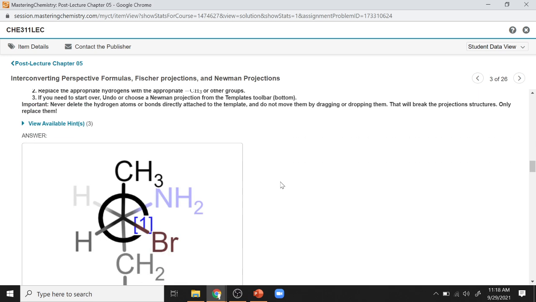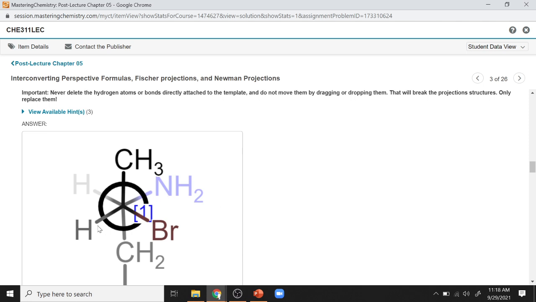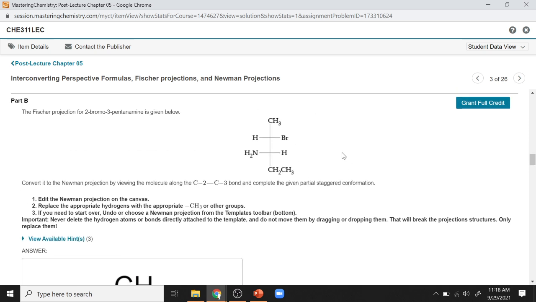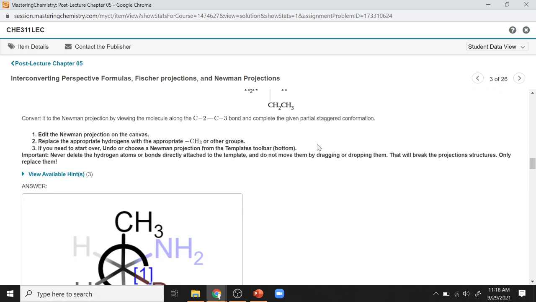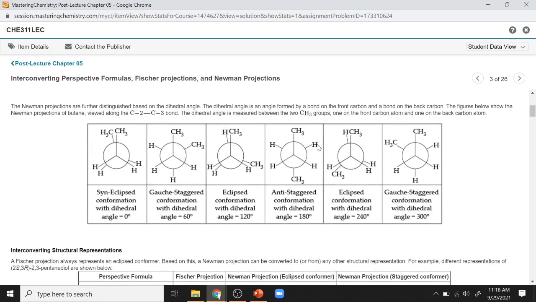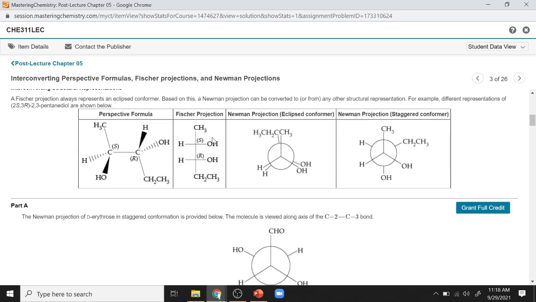Okay? When you look at Newman projections, they're triangles. They're a triangle and another triangle. See that? And so if this was eclipsed, you could literally just write this in as a triangle, like so. I'll show you right up here again. So this would be the example one, this would be it.